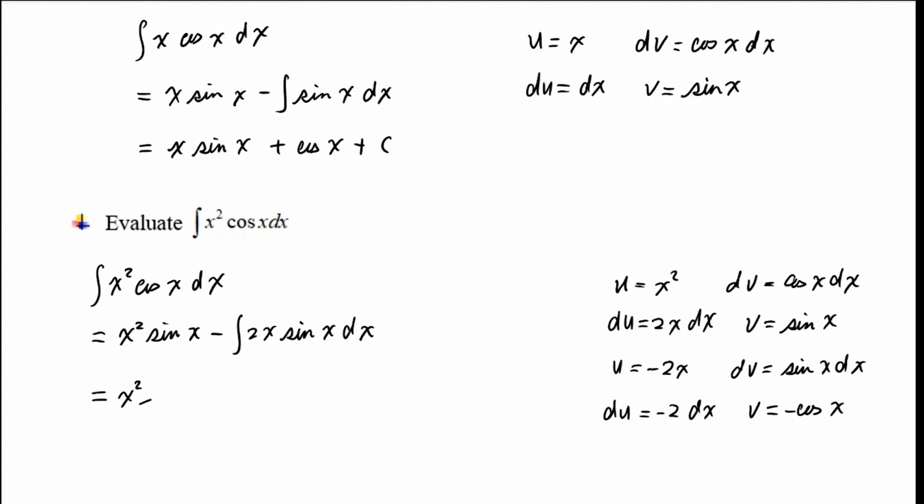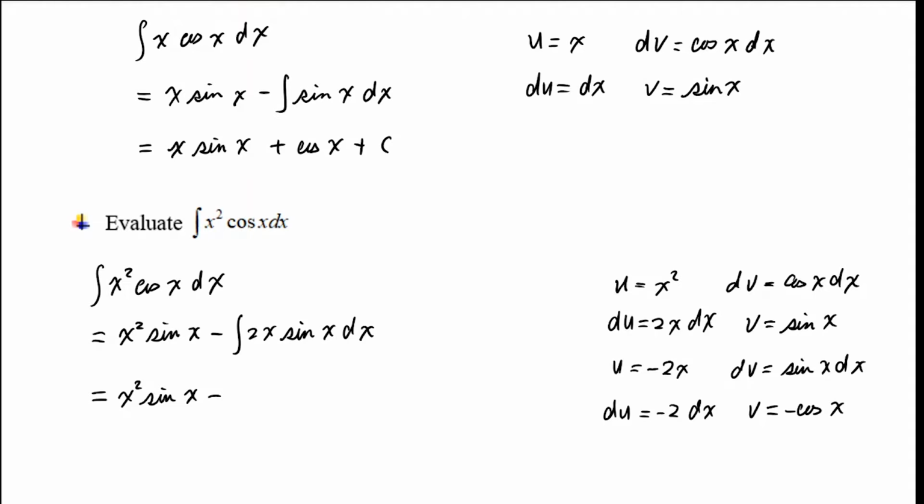Now, here's a correct grammar. This x squared sine x is already there, so you have to recopy it. Don't worry about the sign because they're all here. So this minus this. So uv, you have a negative sign here, negative sign here, negative sign here. So it all becomes positive and negative. So we have minus integral of, oh no, not the minus integral of.